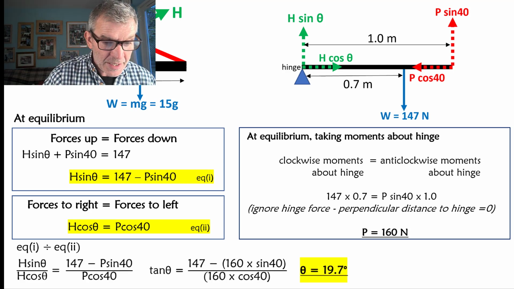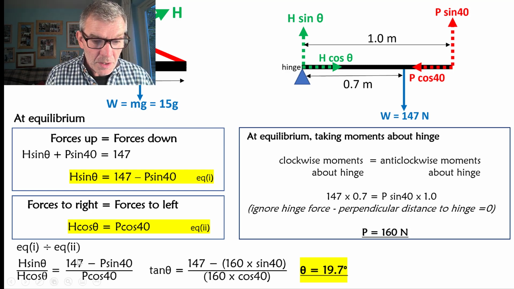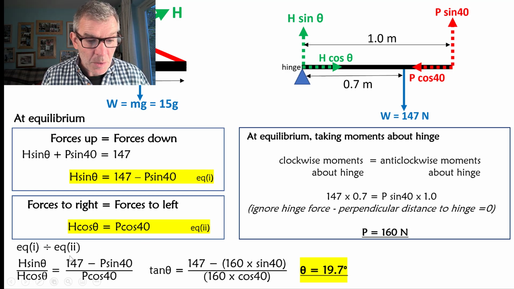If we now take equation 1 and divide it by equation 2, we end up with this arrangement. H sine theta over H cos theta is 147 minus P sine 40 divided by P cos 40. You can see that the H's will cancel. You can also see that sine theta divided by cos theta is exactly the same as tan theta.